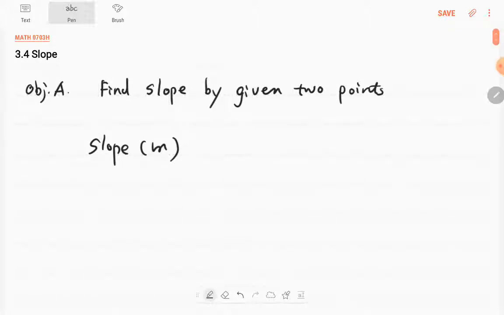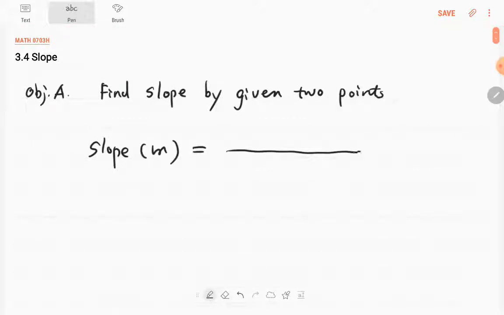So by the definition, we can find it by checking this formula. It's just the change in y, so vertical change.